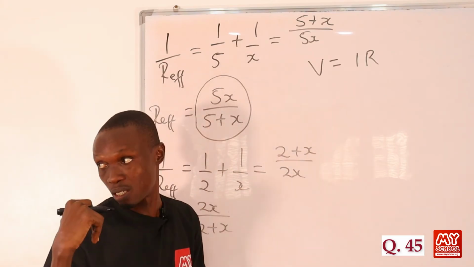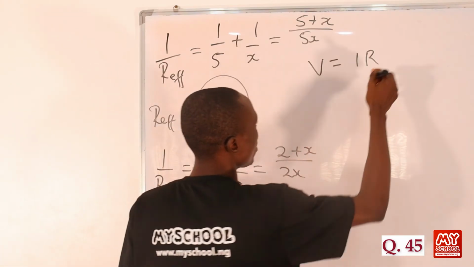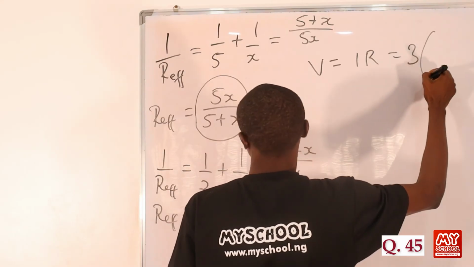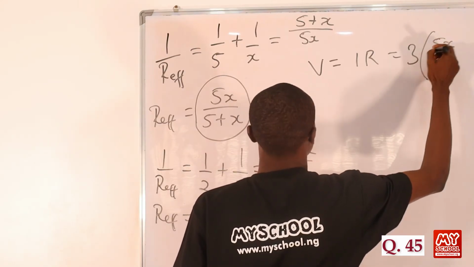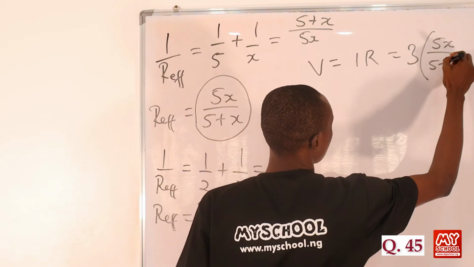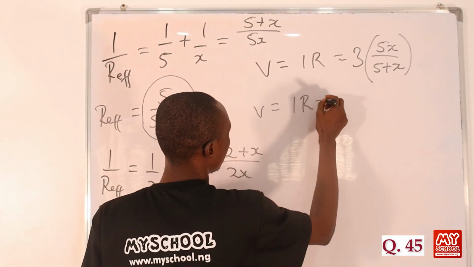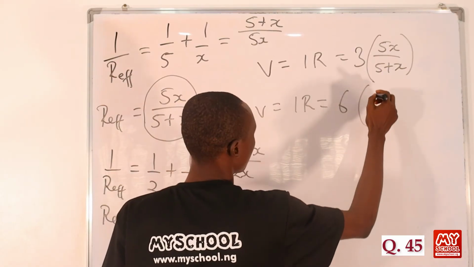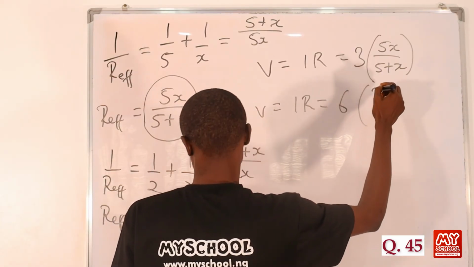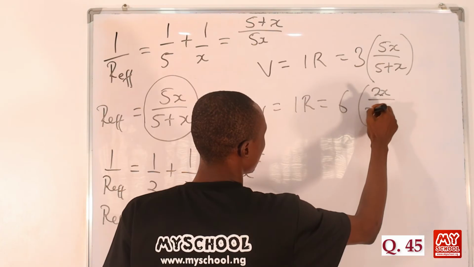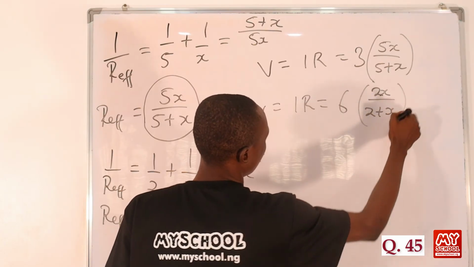And the current in that case is 3 amperes. So here we'll be having 3 times 5X all over 5 plus X in bracket. While for the second one, we'll be having 6 bracket open, 2X all over 2 plus X, right?